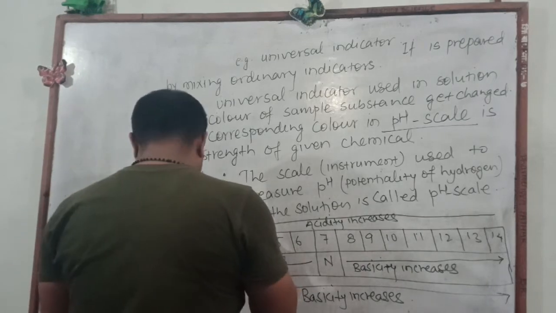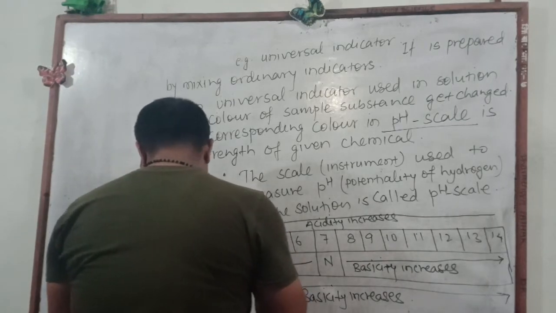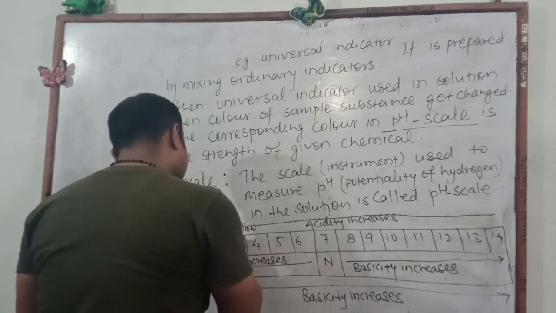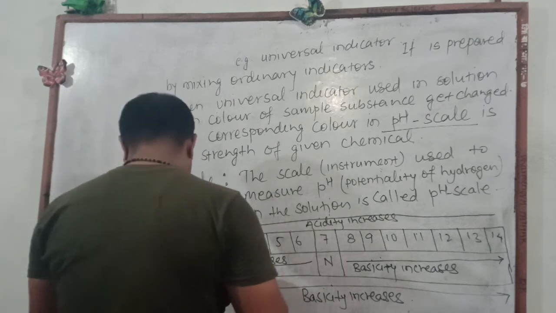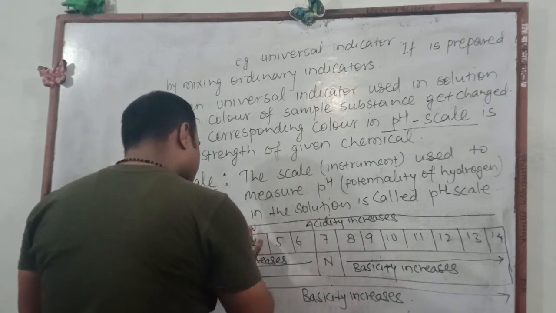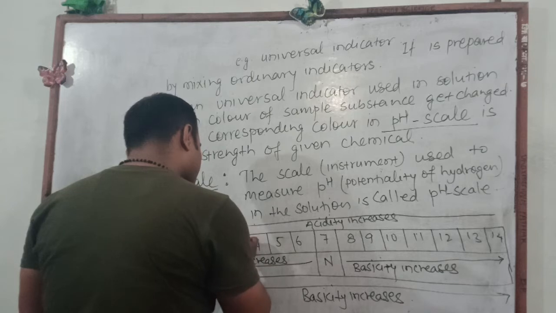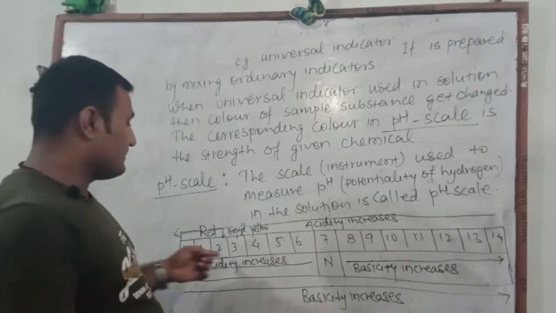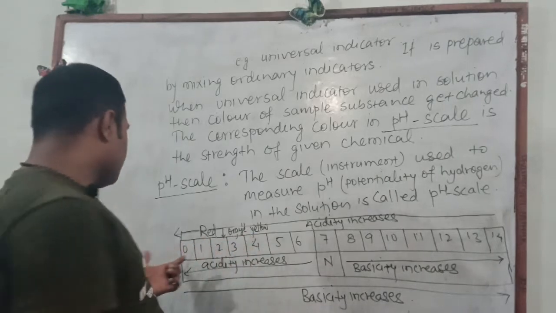Similarly, 3 and 4 are related to orange, yellow, then it is called slightly acidic or acidity decreases.